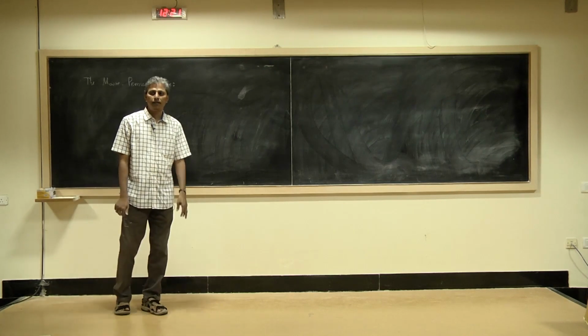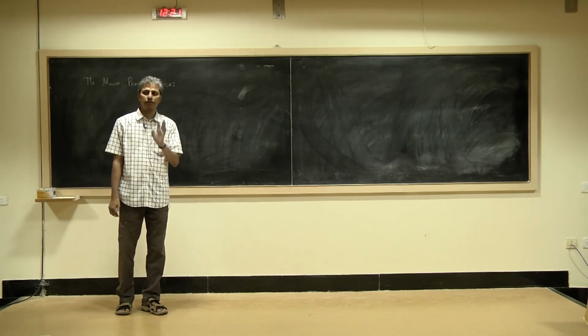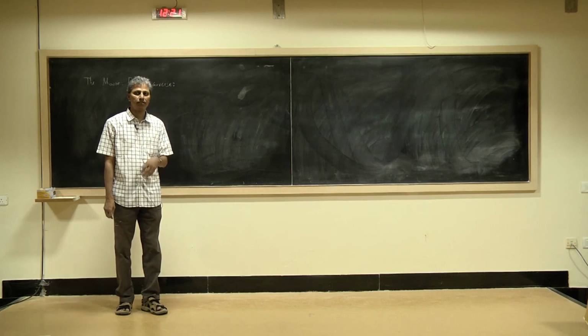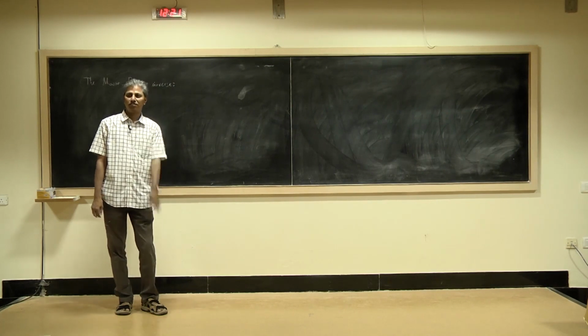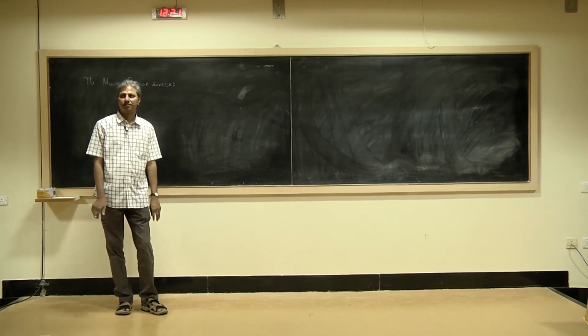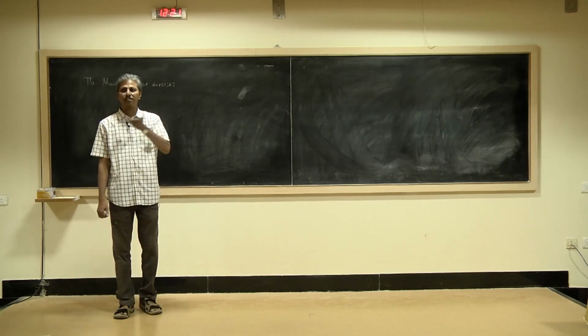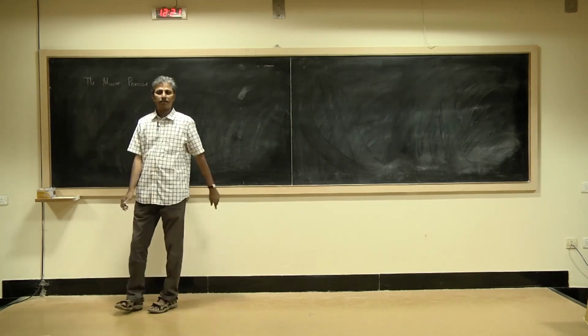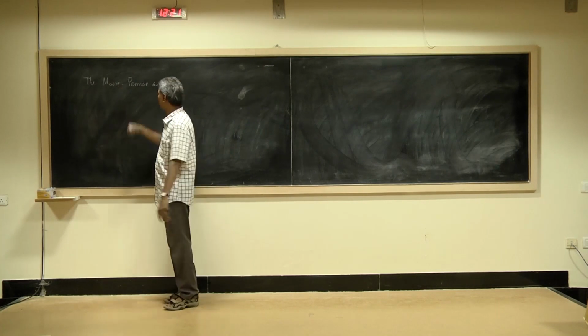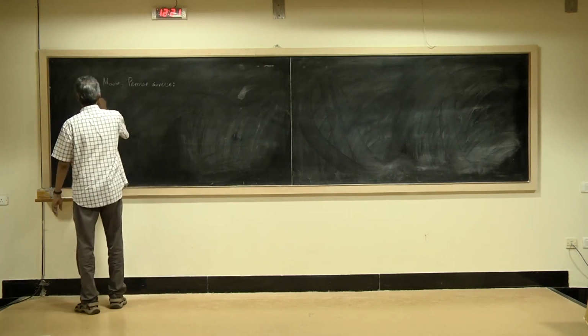He wrote two papers which appeared in the Proceedings of the Cambridge Philosophical Society. He showed how applications could be handled, and it became famous because of what he did. But since this idea was conceived earlier by Moore, the name Moore is attached along with this. Now, what exactly is this Moore-Penrose inverse?